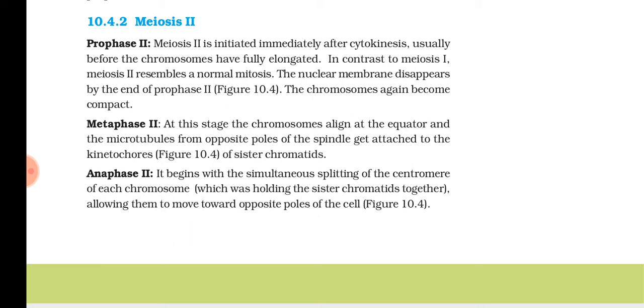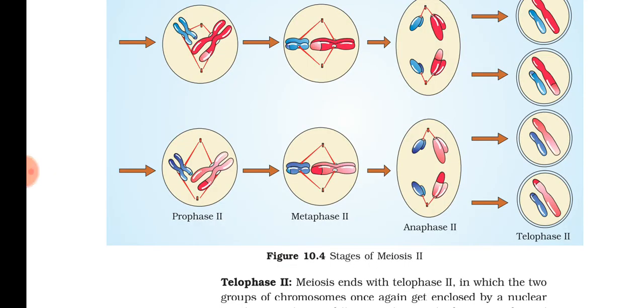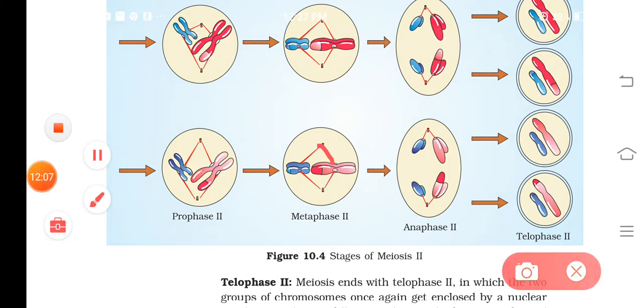And you can see that the chromosomes will get aligned in the center, and then from the poles you can see the spindle fibers come and attach to the kinetochore, and then what happened? Longitudinal splitting of the sister chromatids or chromosomes takes place, separating the sister chromatids.